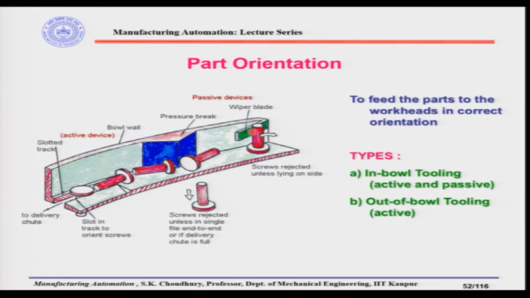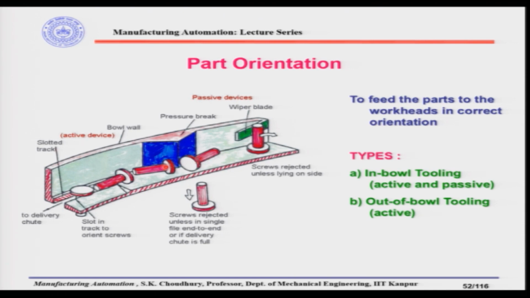So, these three orienting devices which are shown here are popularly used, and out of them you can say that this slot is an active device, because in this slot actually nothing is rejected, parts are reoriented, meaning that if the part is coming in this orientation or in this orientation, both can go in.